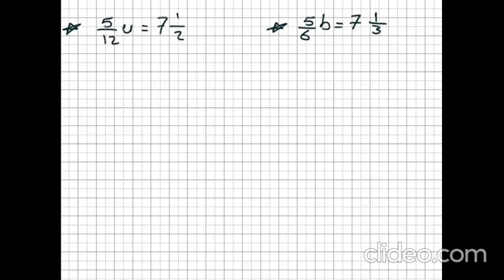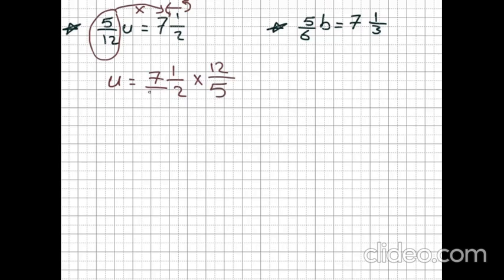If it is a fraction multiplied by a variable equal to a number, you can move this fraction to the other side using multiplication, but don't forget to flip. Now the answer will become u, staying at this side, here 7 and a half, multiplied by, instead of 7 over 12, it will become 12 over 7.